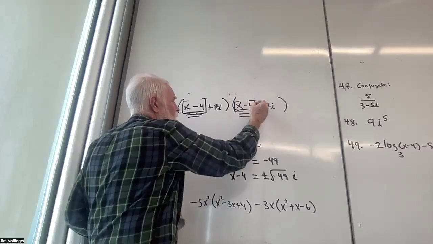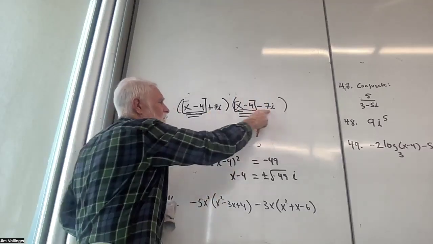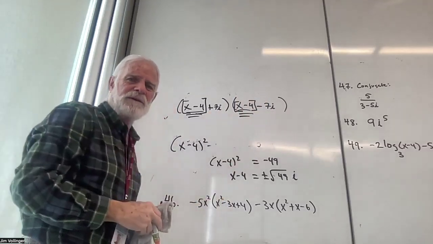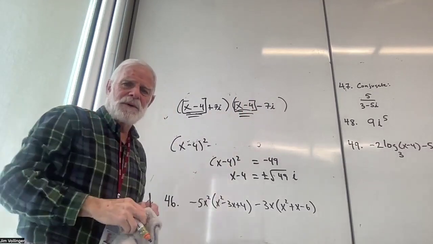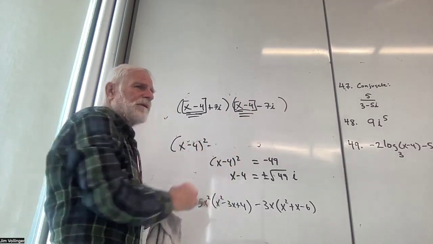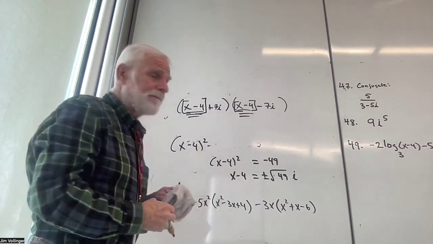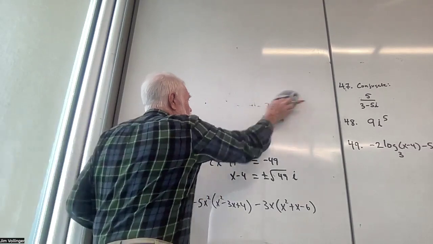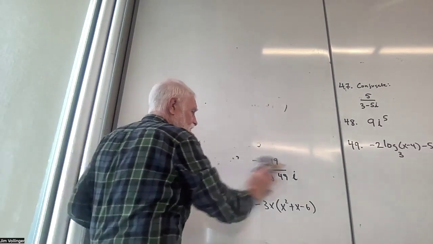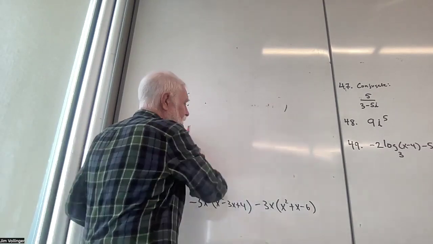And then you got 7i times minus 7i, minus 49i squared. Everything is there. But I do think the inverse operations going the other way is a whole lot easier. That's the rule in my class. Whatever the easiest way is, we're going to adopt it.